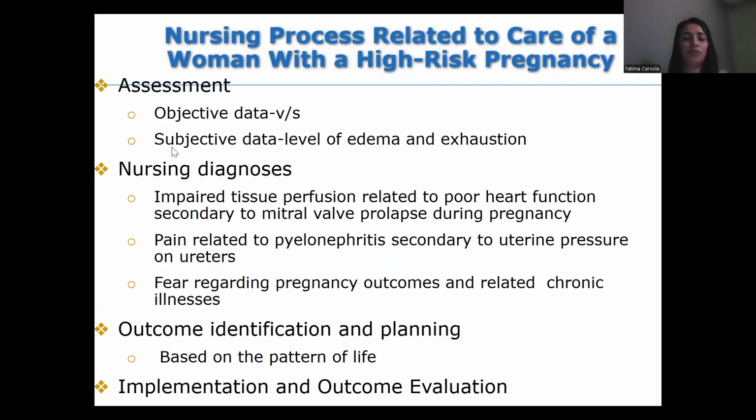And when we say subjective data, primarily for a high-risk pregnancy, we have to know the level of edema and exhaustion. You might be wondering why the level of edema is considered subjective.